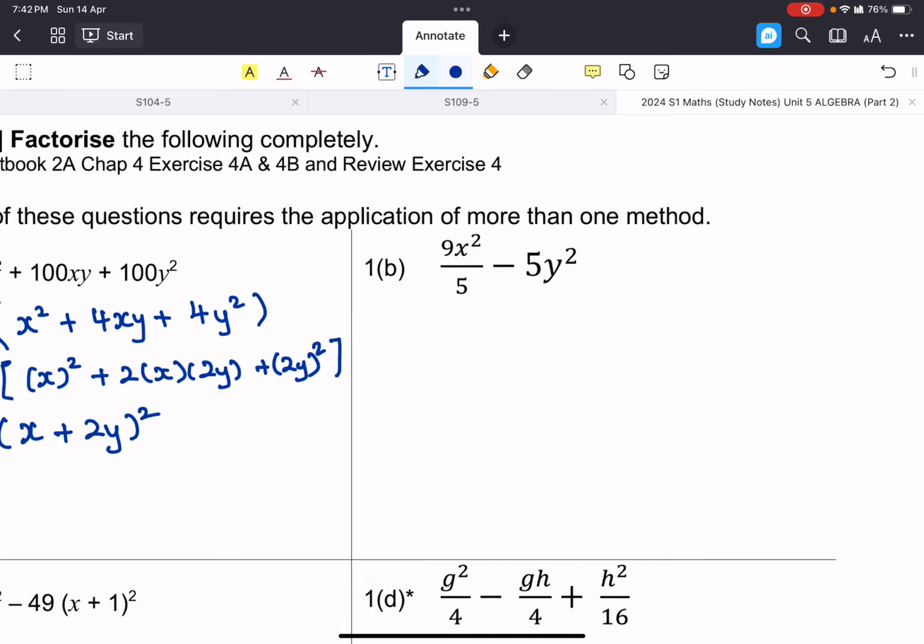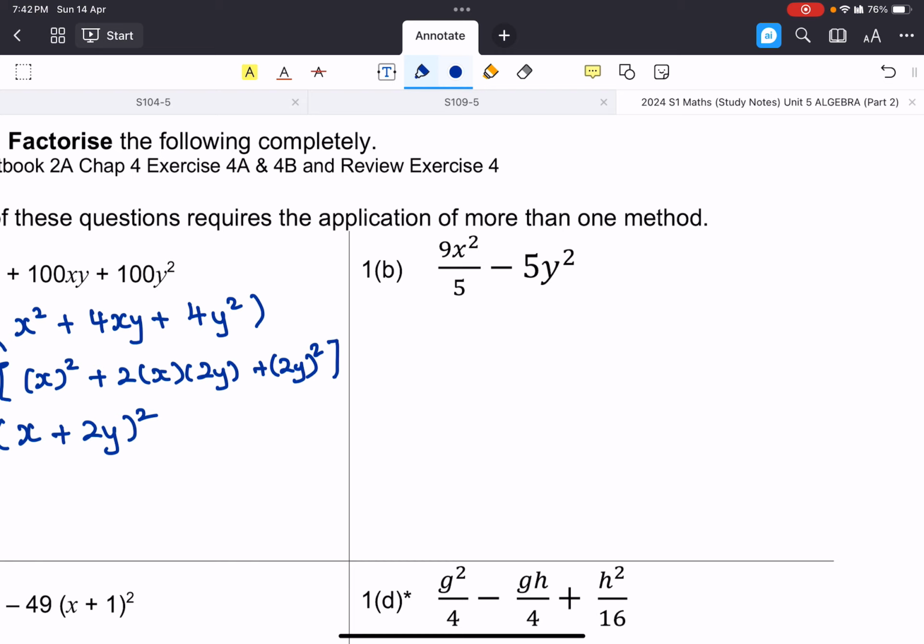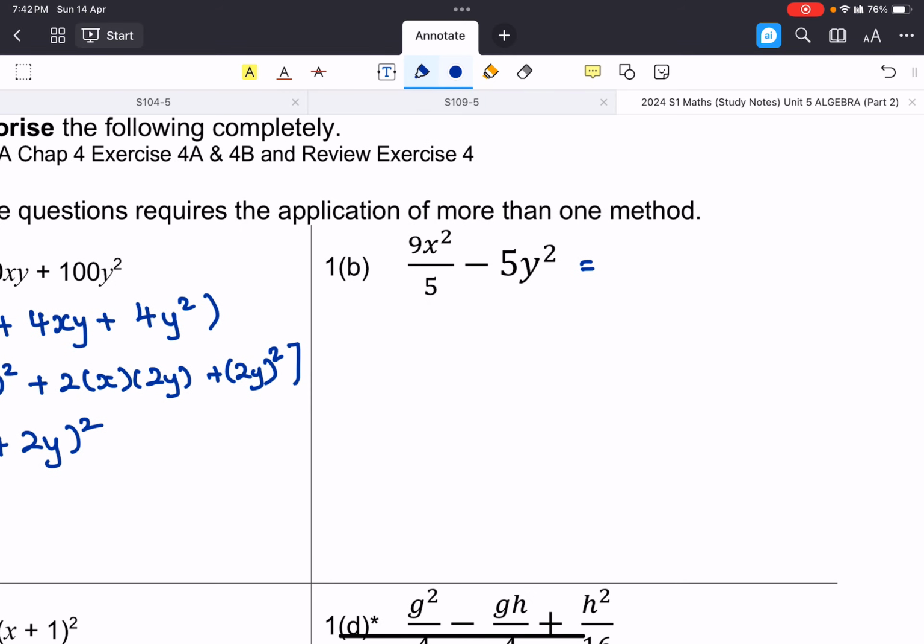How about the next one? Same way. Well, this scenario, let's take a look. We can't do the square over here because the 5 is not a perfect square. Is there an error in the printing? I was hoping it's an error in the printing that should be a 25. Could be.